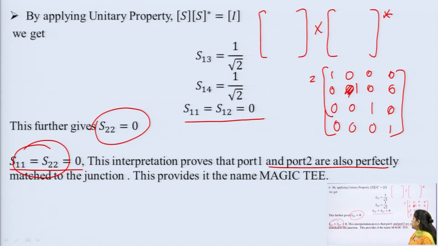And this is basically the magic which exists in the magic T. So, if the two arms of the magic T are matched, the other two arms also get perfectly matched, and this is the magic behind the magic T, and that is why it is named a magic T.